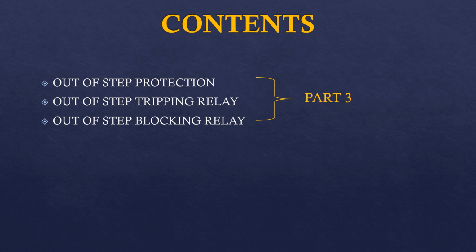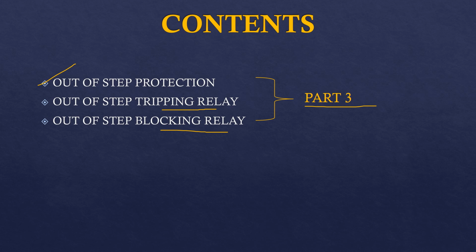Starting with part 3 of the power swing, here we will be covering the topic of out of step protection. Under this topic, we will be studying the out of step tripping relay and out of step blocking relay. These two relays are used for preventing the operation of distance relay during power swing.